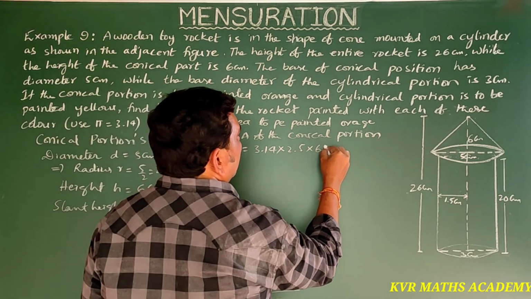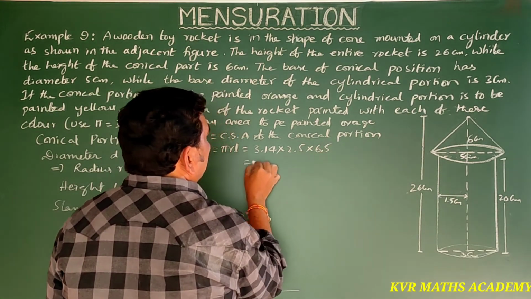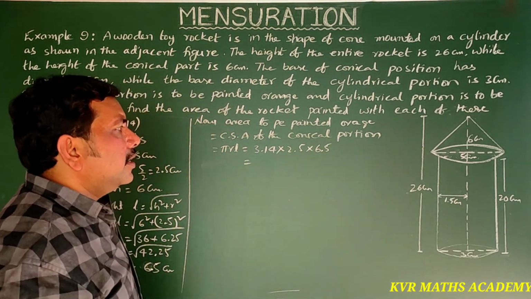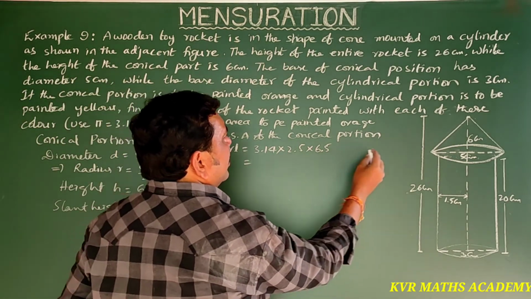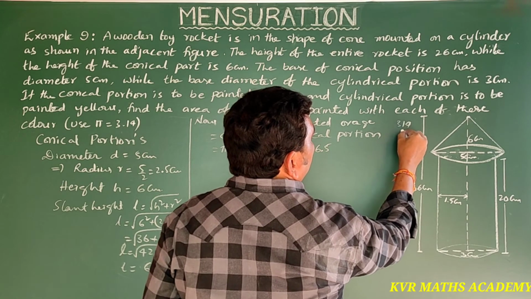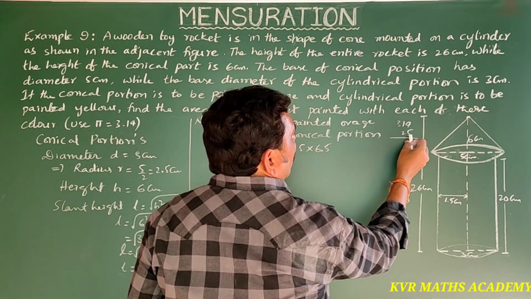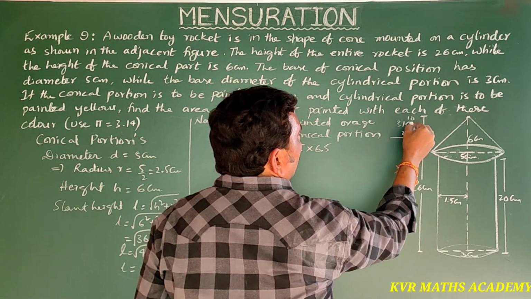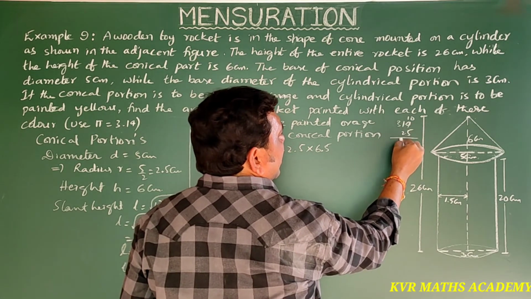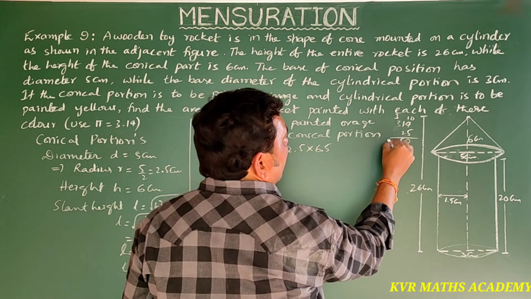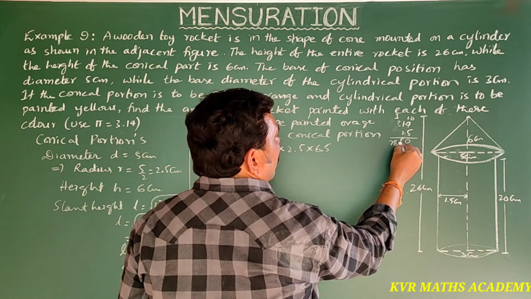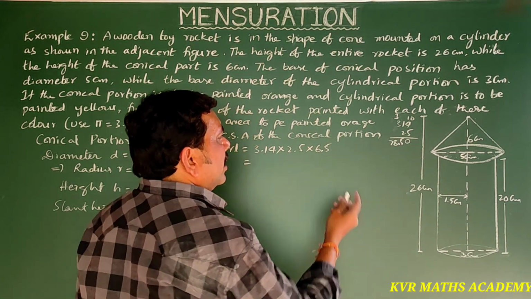Multiply 3.14 with 25. 314 into 25: 25 4s are 100, 10 is there, 25 1s are 25 plus 10, 35, 3, 25 3s are 75, 78.